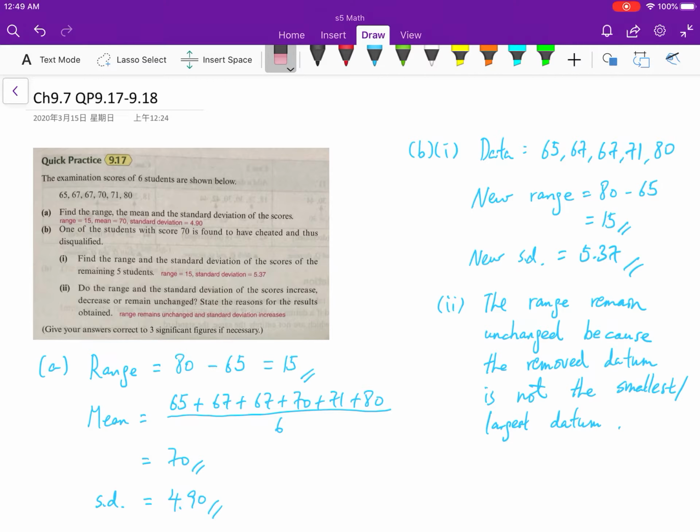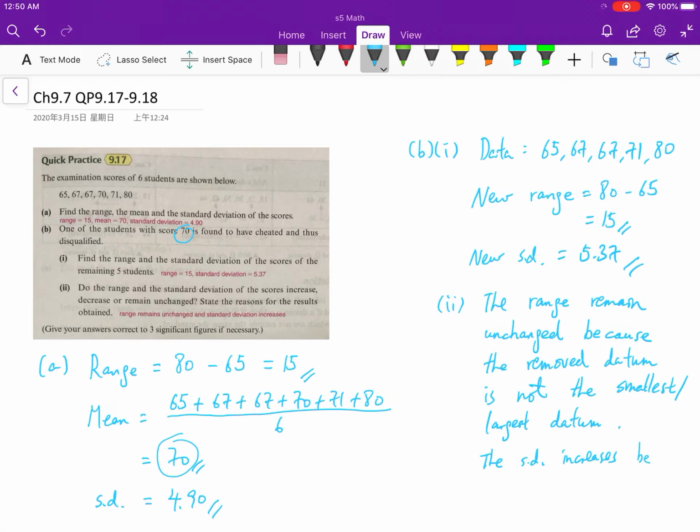And now the SD is also increased. Why? Last time we talked about the SD. Then just one very important point. You can only determine whether it is increased or decreased very clearly when the removed datum is equal to the mean, right? So now 70 is actually equal to the mean we found.